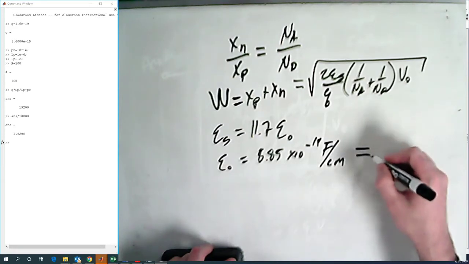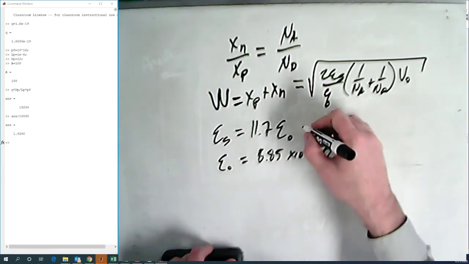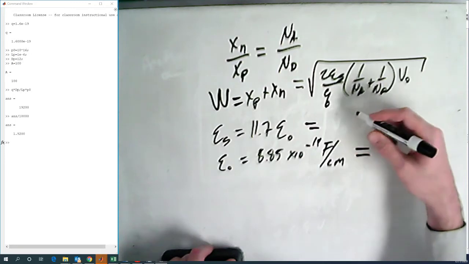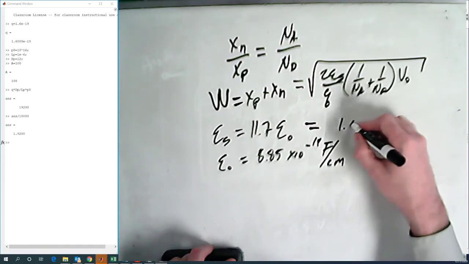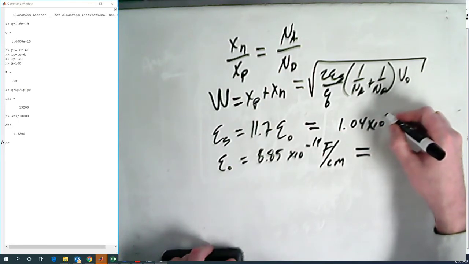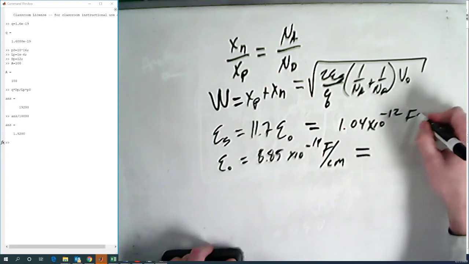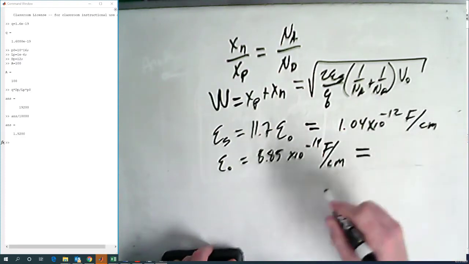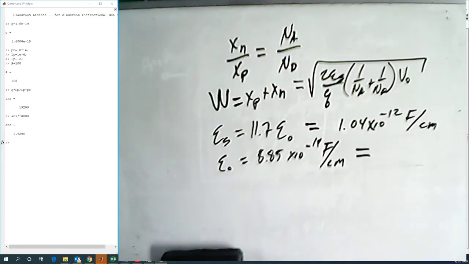And both of these combined together gives us an epsilon s that's equal to something like 1.04 times 10 to the negative 12 farads per centimeter. Notice that we're doing this in units of farads per centimeter.